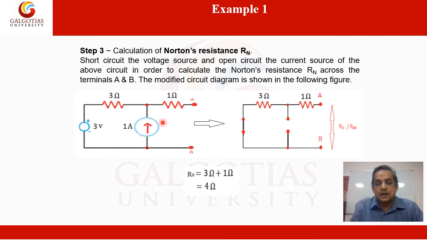All sources are replaced by their internal resistances in order to calculate the Norton resistance RN across the terminals A and B. Here always remember, we are not short circuiting, we are calculating Norton resistance, so we do not short circuit A and B. Generally many students short circuit terminals A and B. So remember, we calculate the resistance across A and B. Now this circuit is converted into this circuit.